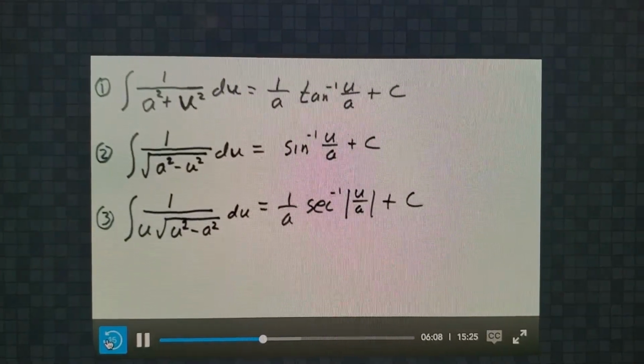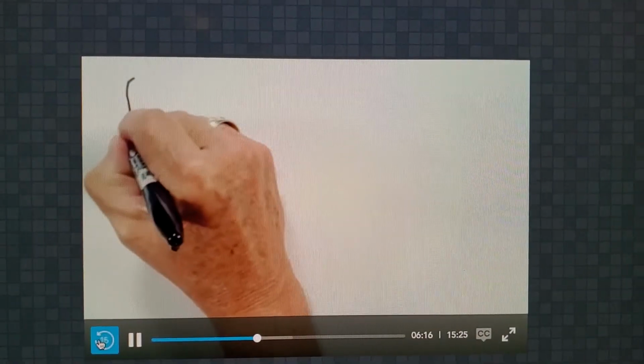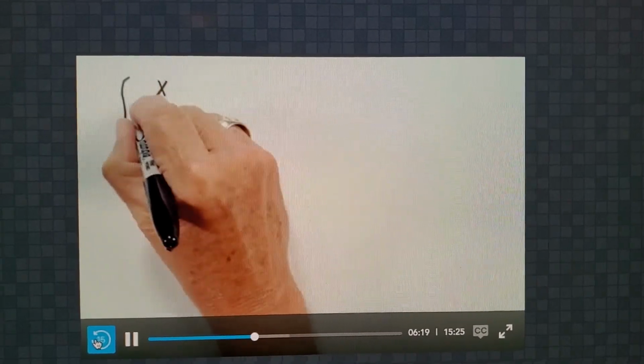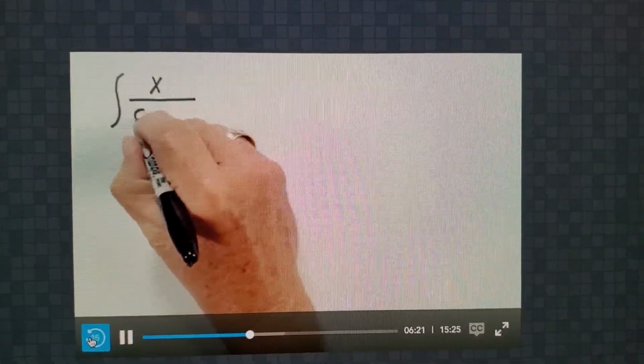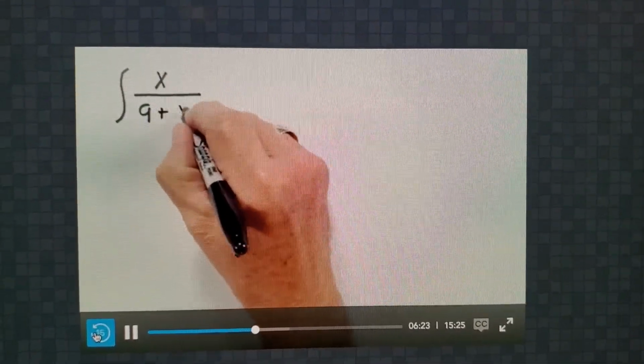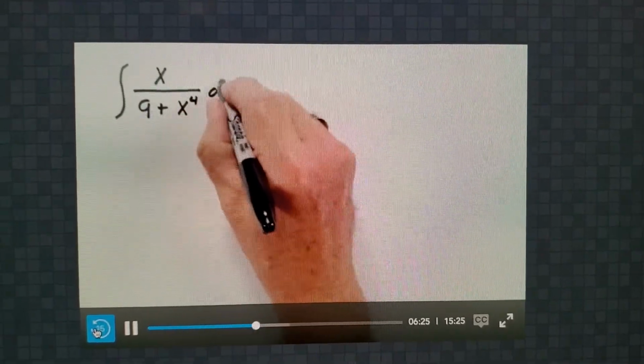So let me show you an example of a problem. I'm going to keep that page handy, and we're going to look at this problem. The antiderivative of x over 9 plus x to the 4th dx.